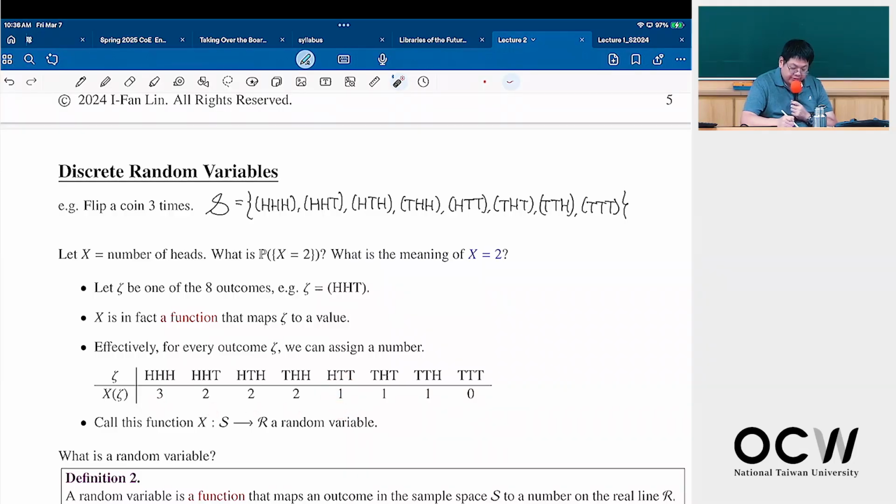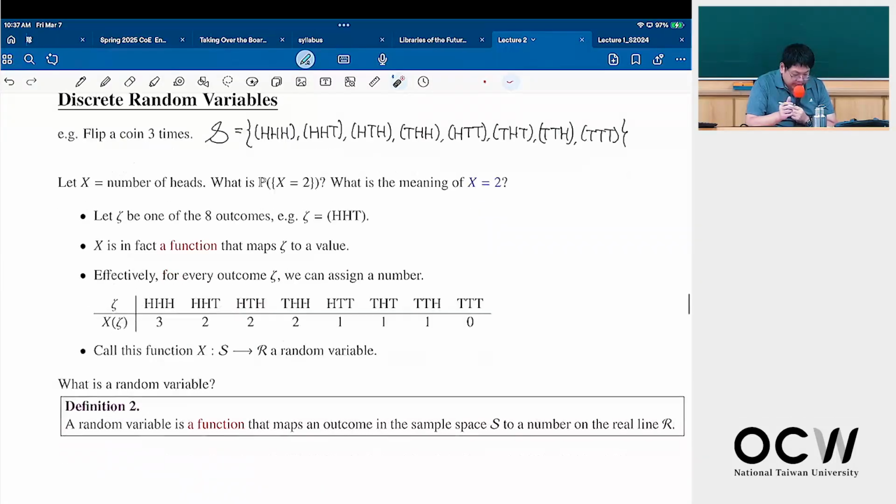We just map the C to a value. So we call this function X. We map the sample space to the real line, a random variable. So I just assign the outcomes to a number. And this function that maps the outcome to the number is called a random variable.